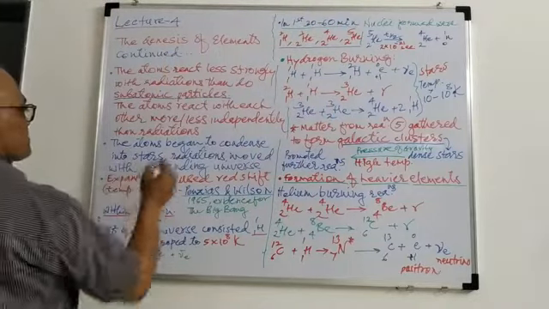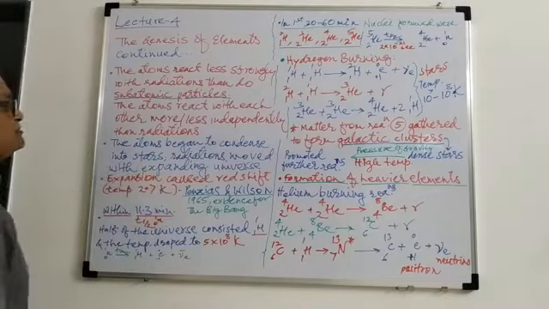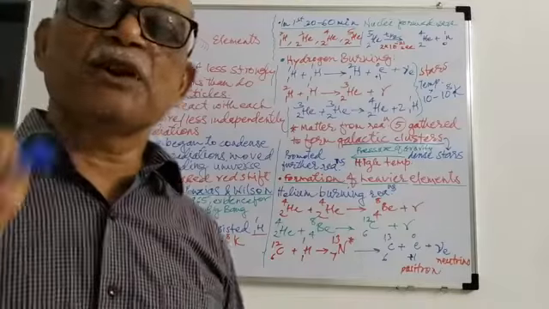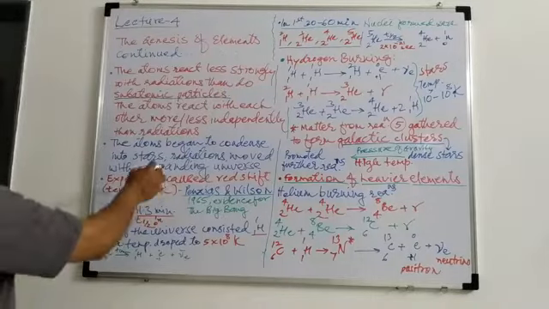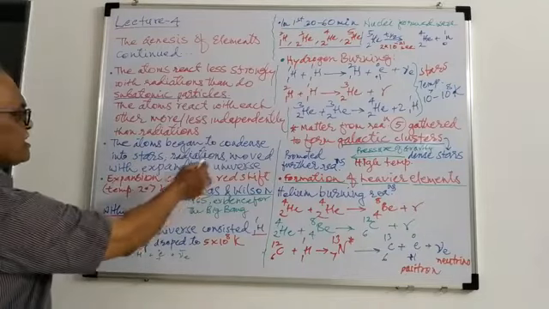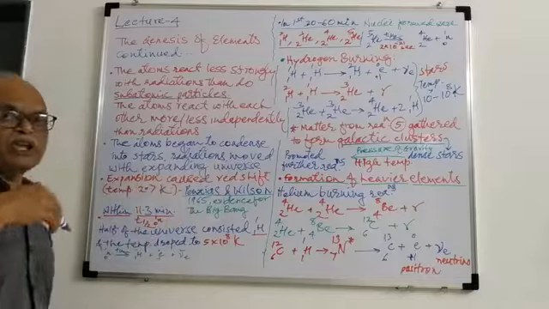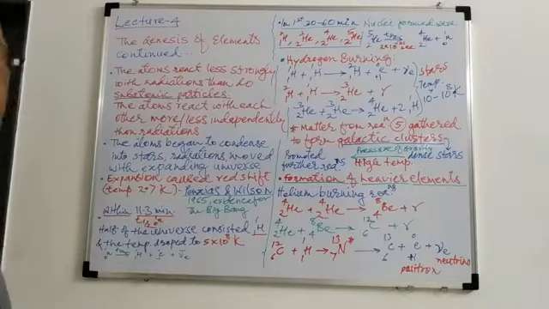The atoms began to condense into stars. When the atoms are formed in this way, they condense into stars. The radiations are moving away with the expanding universe.